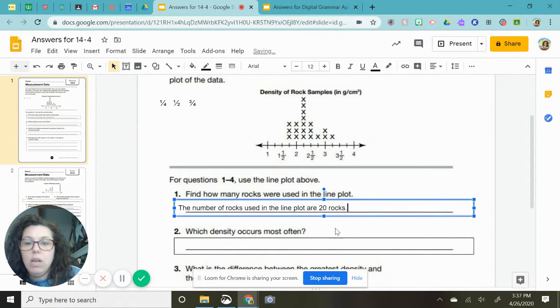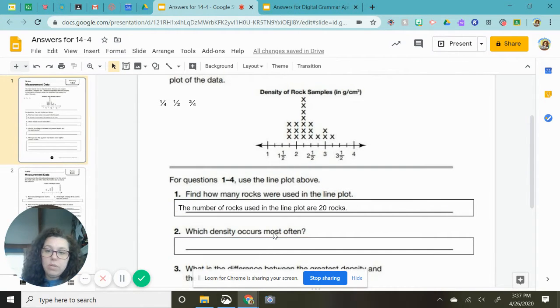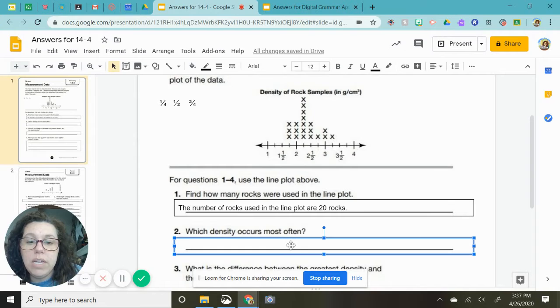Which density occurs most often? Whenever you see the word most, it's going to be the line that has the most X's. If we look here, it's this one. And if you remember, right after the whole number comes the 1/4. So 1/4, and the whole number is the 2.